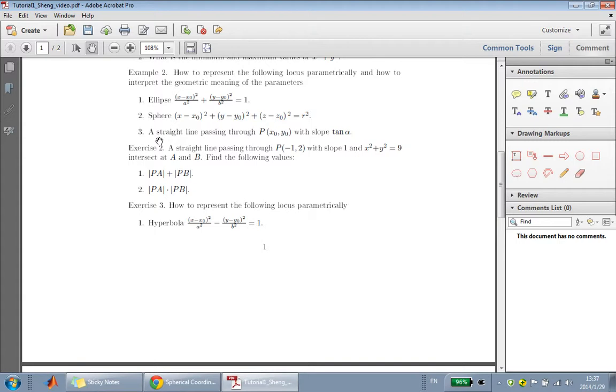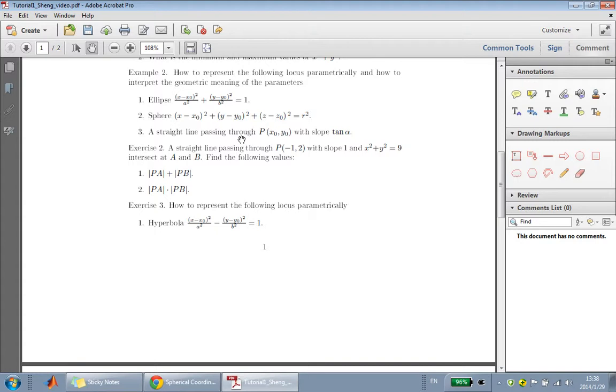So the third example is a straight line. For a straight line, there are many parametric representations, and you will see several in this course. But here, the way to represent this line parametrically helps to solve exercise 2.